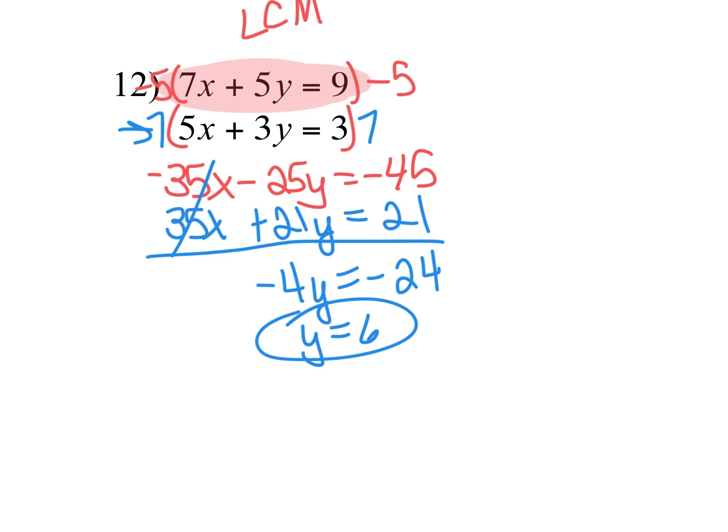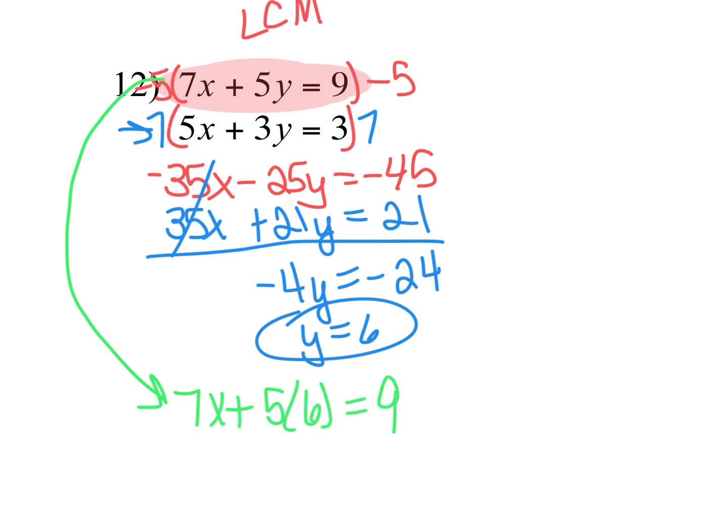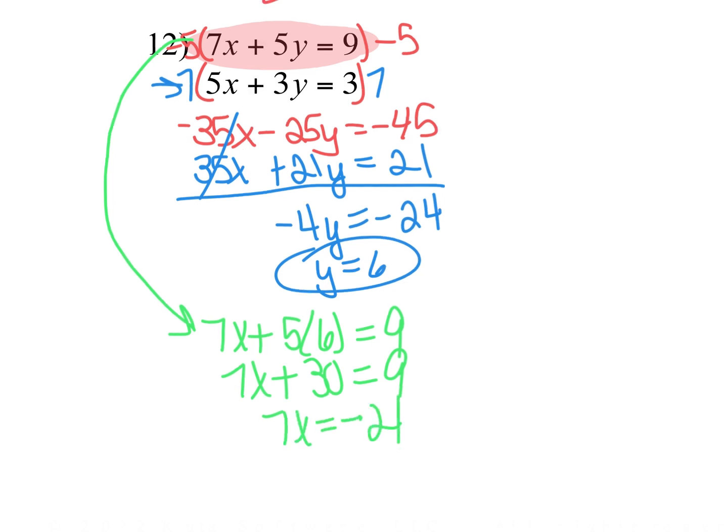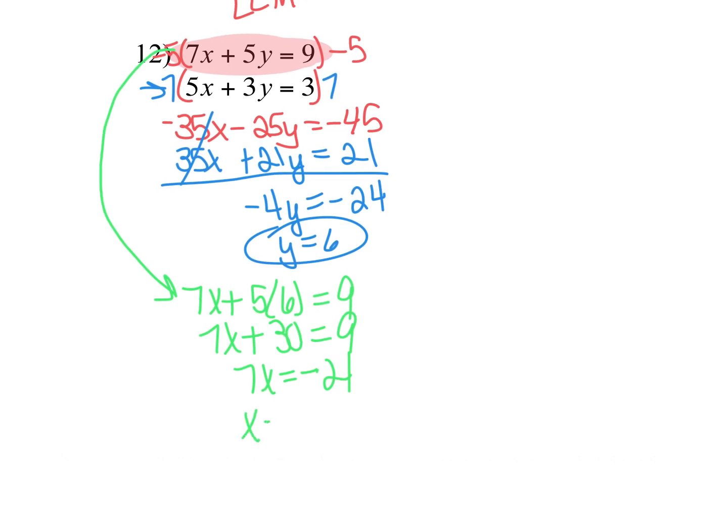So I would have 7x plus 5 times 6 equals 9. Okay, so then we have 7x plus 30 equals 9. If I subtract 30 from both sides, I get 7x equals -21. So my x value is going to equal -3.